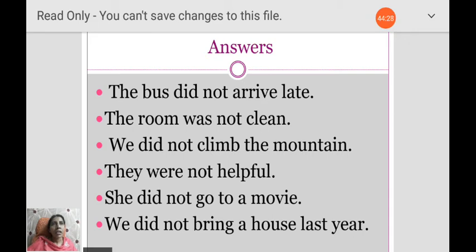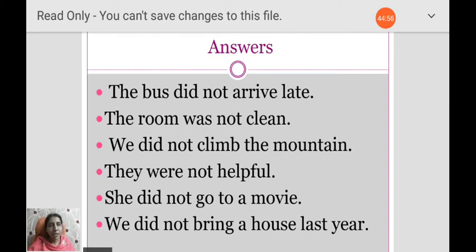And here look at the word clean. When there is a helping verb, was clean, as we have studied earlier, we simply use the word not to make it negative. The room was not clean. We climbed the mountain. Here the verb climbed is there, so automatically it is did not climb. They were helpful.